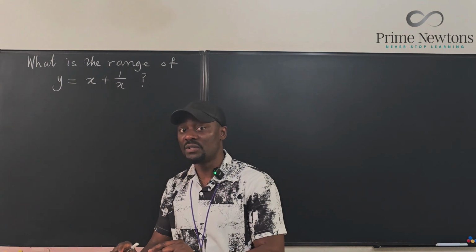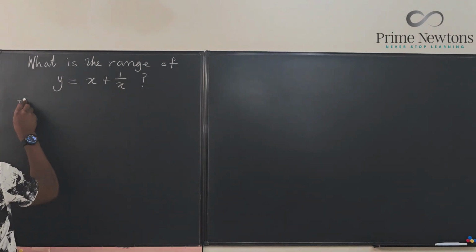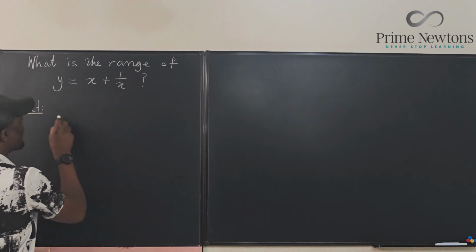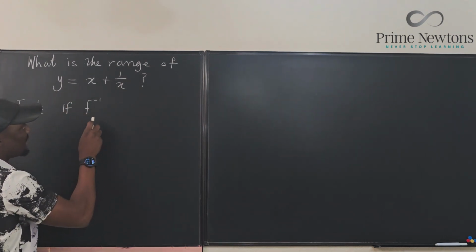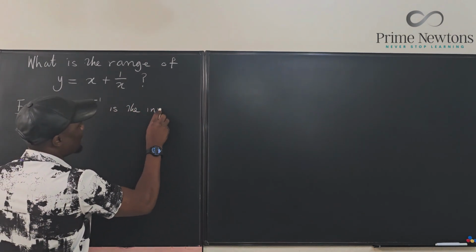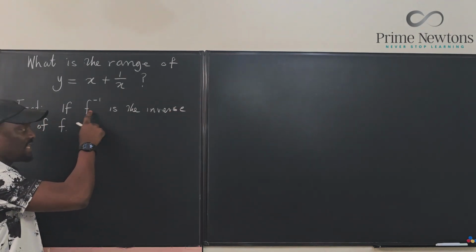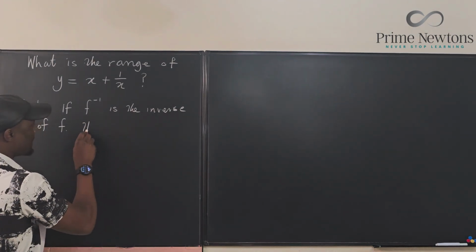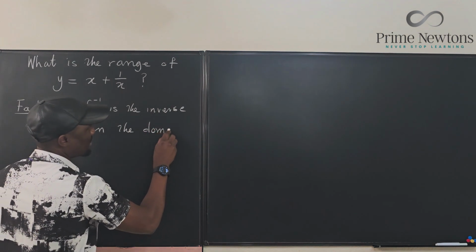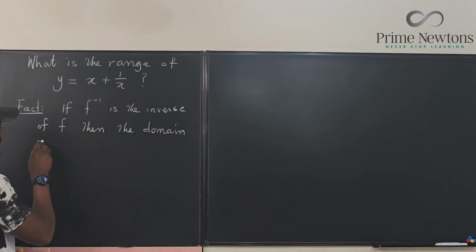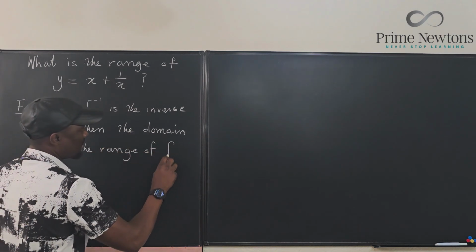Now, the domain of the inverse is the range of the other function. For example, let me just state a fact. If f inverse is the inverse of f, then the domain of f inverse is the range of f.